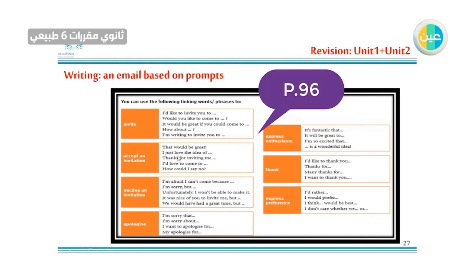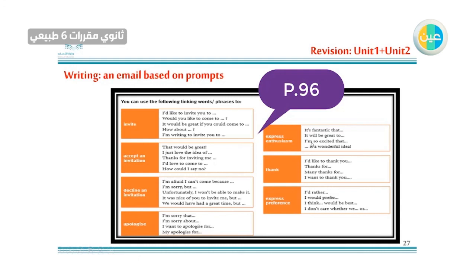That would be great. I just love the idea. How could I say no? Okay. If you want to decline an invitation because it doesn't work with you, use one of these polite phrases like I am afraid I cannot come because, I am sorry, but okay? Apologize. I'm sorry that. I'm sorry about.